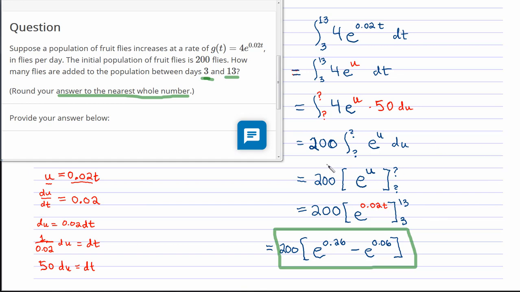Oh, interesting. When I look at this, you see that the number 200 came up, and that was also this 200 that we referred to here. But that's just a coincidence.